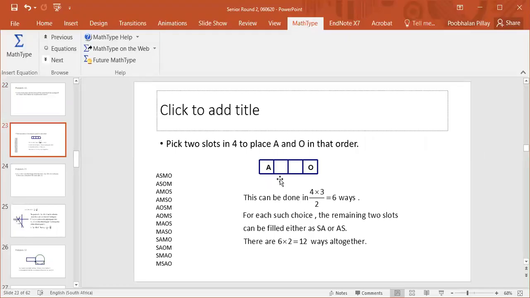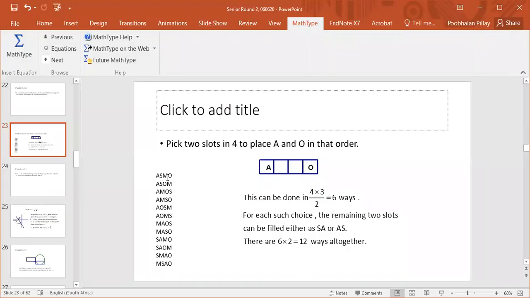Okay. Now, we are looking at the number of ways in which you can arrange a 4-letter word, SAMO. So you are going to get different arrangements, as you can see here.